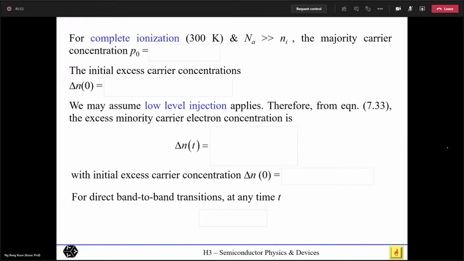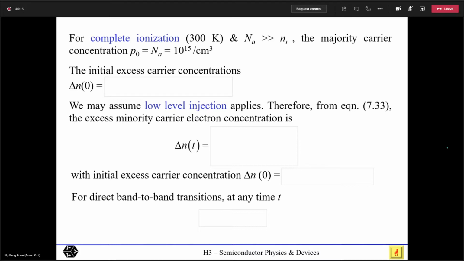Okay, so if you assume that in this semiconductor there is complete ionization of the impurities, and of course we see that your Na is much greater than Ni, then the majority carrier concentration P0 can just be written as equal to the acceptor concentration, which is 10 power 15.